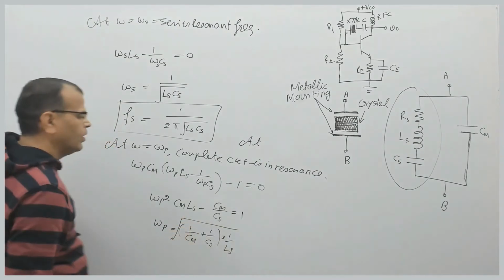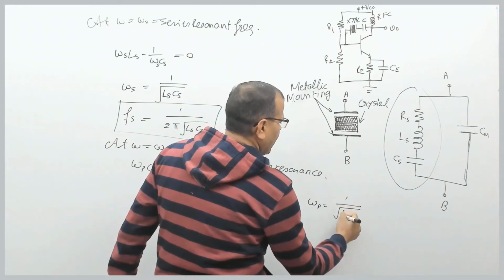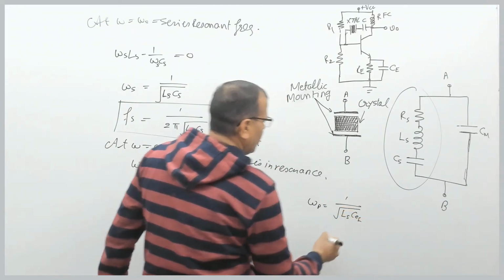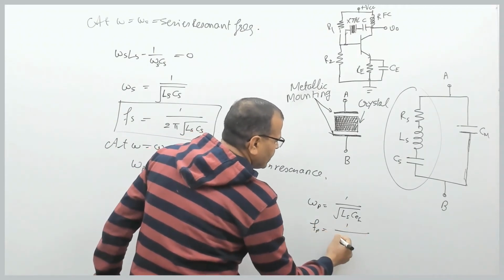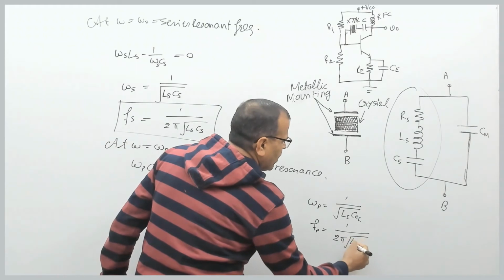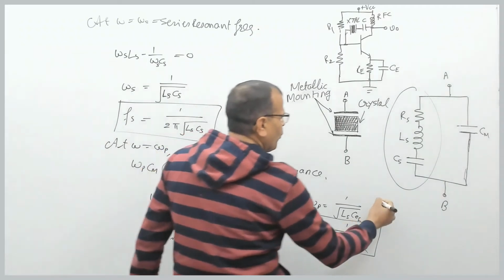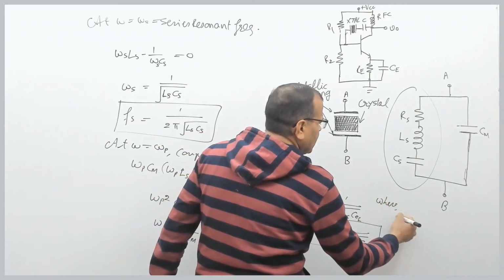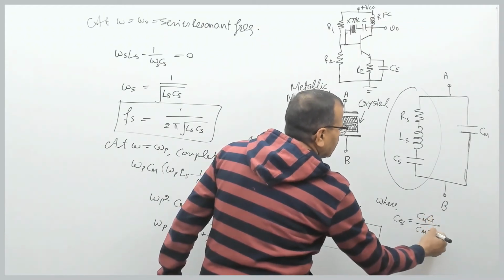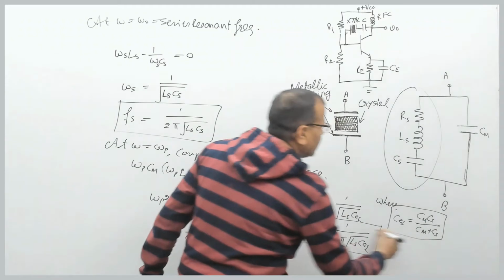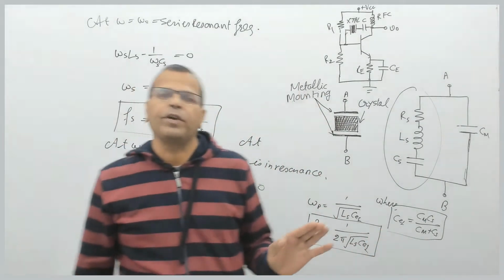So omega p is equal to 1 by root of Ls into C equivalent, or Fp, the parallel resonant frequency, is 1 by 2 pi root of Ls into C equivalent, where C equivalent is Cm into Cs divided by Cm plus Cs, the equivalent capacitance of these two. So this is the parallel resonant frequency.